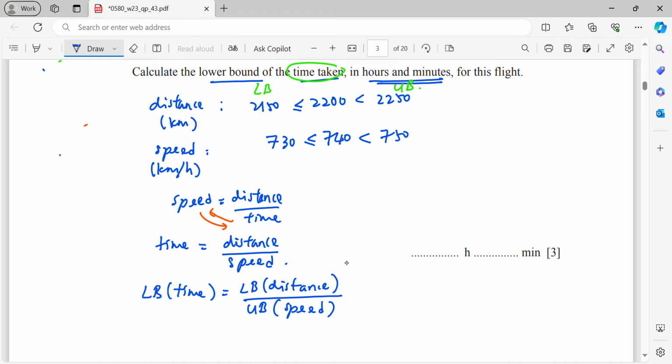So now we have to choose the lower bound from the distance, that means 2150, and the upper bound for the speed is 750. So now I will be getting 2150 over 750, which at last is 2.8666 hours.